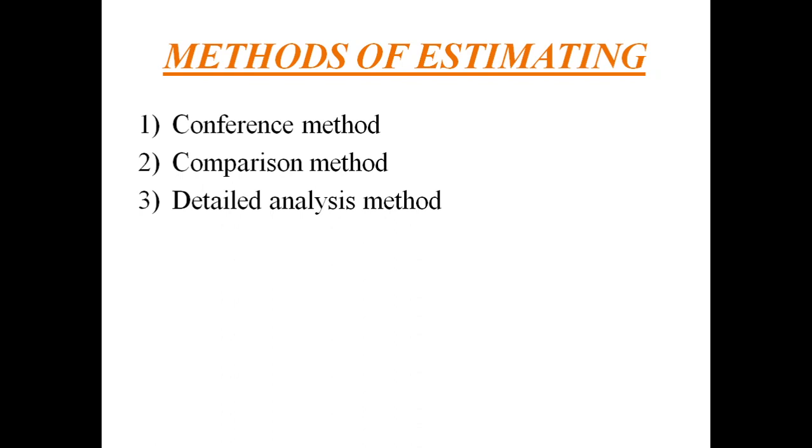This method requires judgment skill to assure that rate and data are being applied to comparable products. Note, both the conference method and comparison method are used where time is the main factor, and often both methods are used jointly.